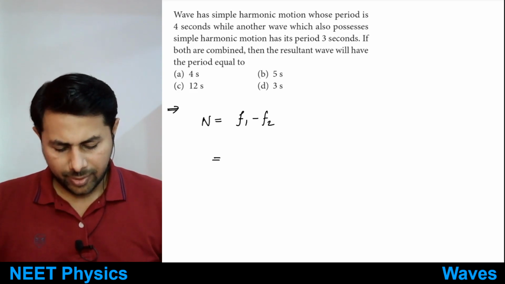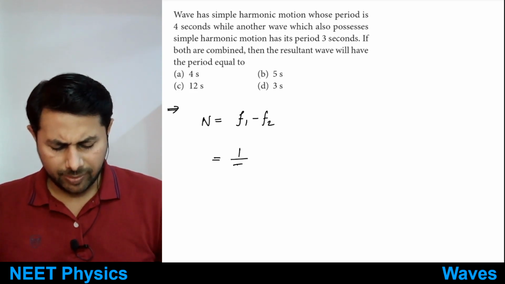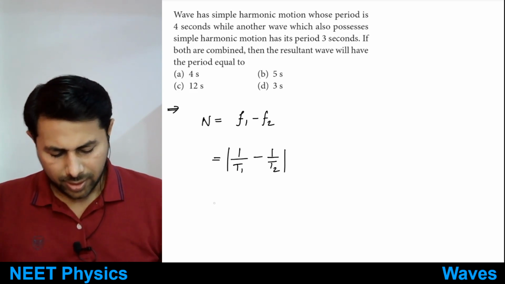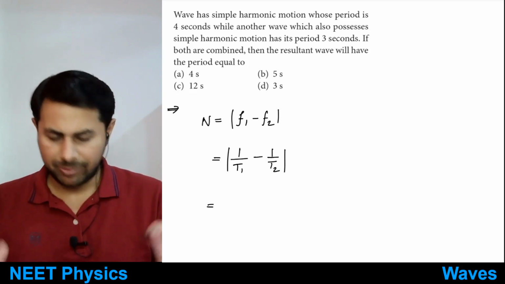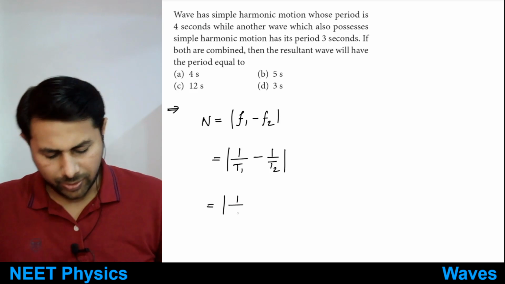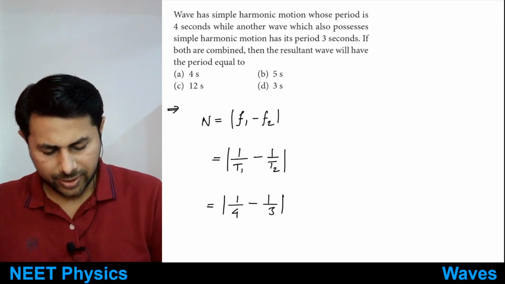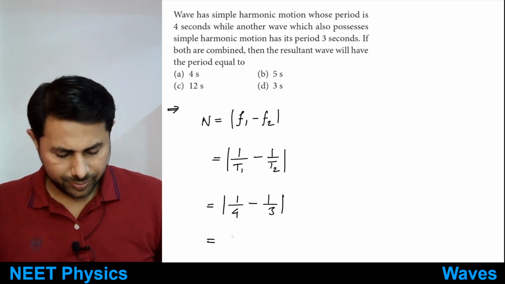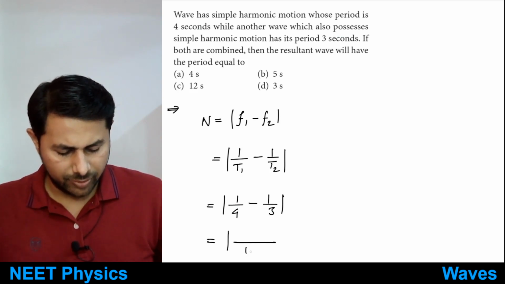So this is just 1 by t1 minus 1 by t2. Okay, so let's take the absolute value. So it is 1 by, what is the time period of the first one? It's 4. 1 by 4 minus 1 by the time period of the second one, which is 3. So in the denominator we'll have 12.